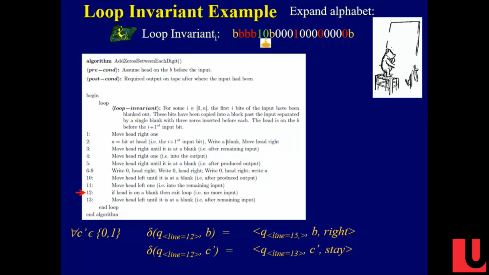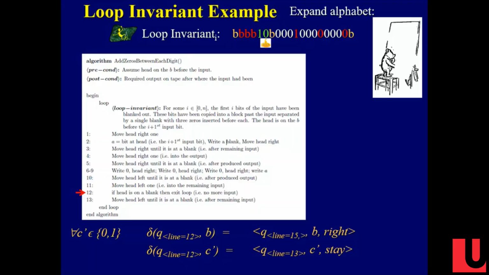So we went through here till we got to the blank, and then I moved one more, put me here. Now I'm here. If this is a blank, then I have no more characters to read. Otherwise, I move left to a blank, and then I've established my loop invariant true again, because I'm one before the first character, and I'm ready to go.